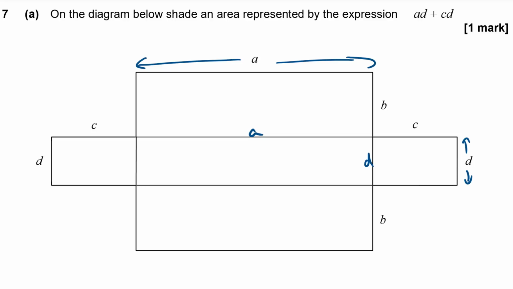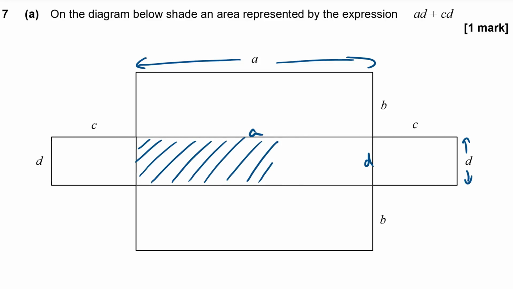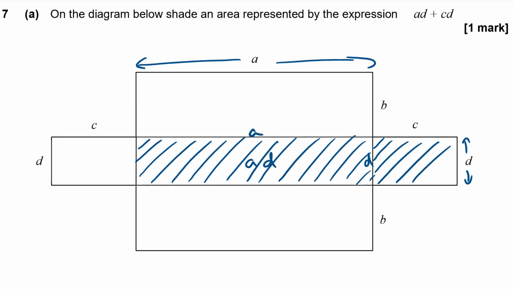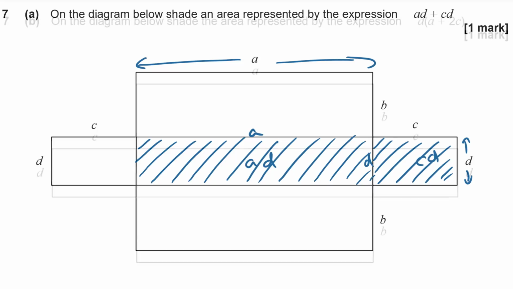So AD is going to be this central rectangle along here, so that's AD, and then CD can be either one of the smaller ones at the end. I'm going to pick that one there is CD, so between them that is the area AD plus CD.